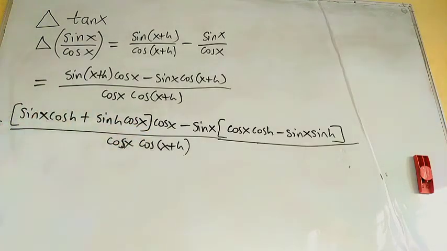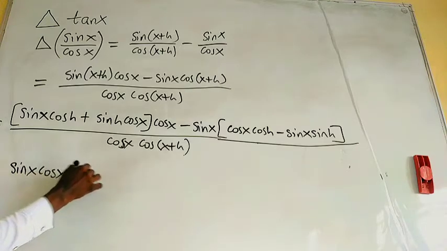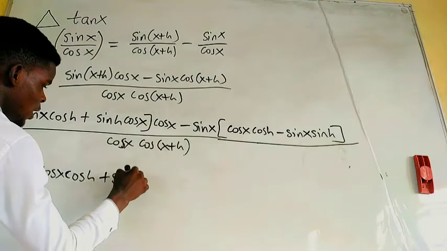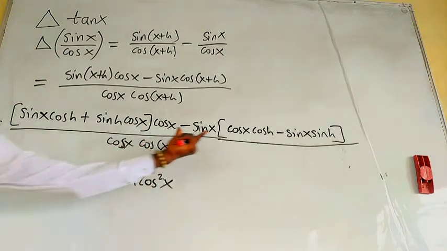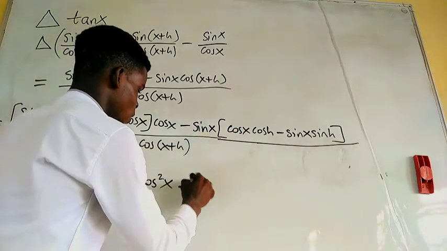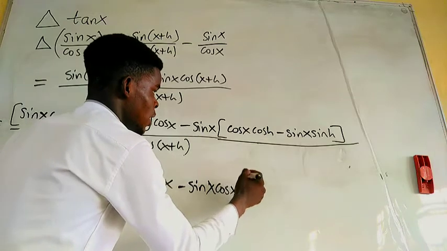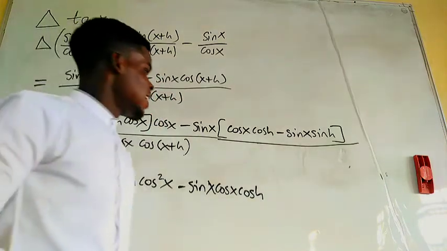Well, just multiplying through in the bracket, we will enter with cosine of x times the first, so we have sine of x, cosine of x, then cosine of h, like this. And here we just have sine of h, then cosine square of x. And again on this side, we're going to enter with sine of x, then cosine of x, and this is cosine of h, not hyperbolic cosine, right?